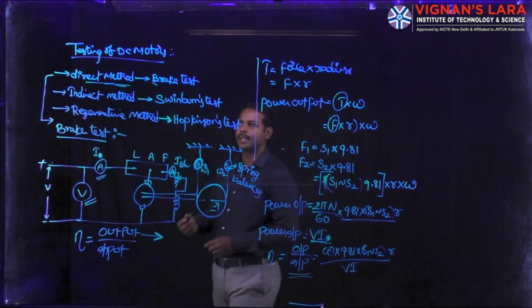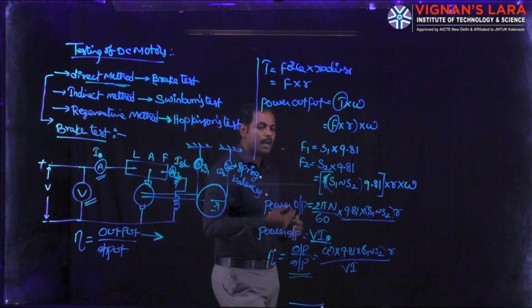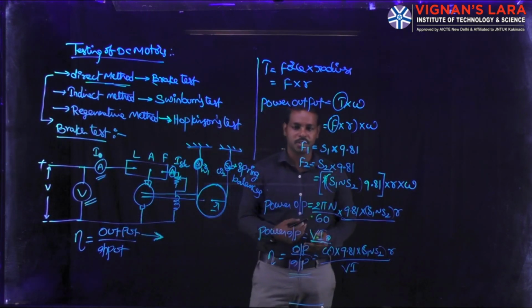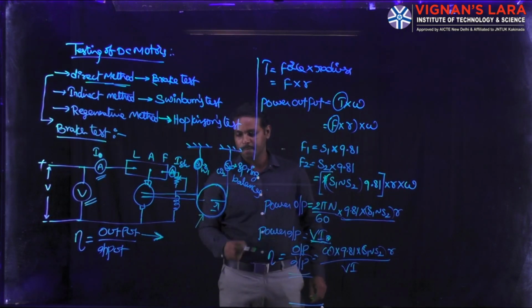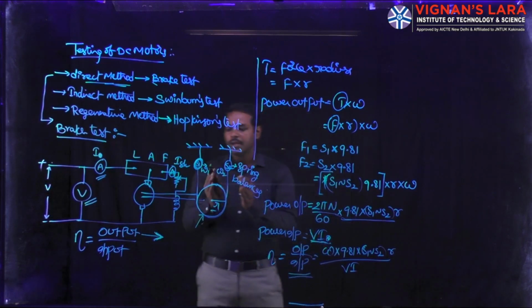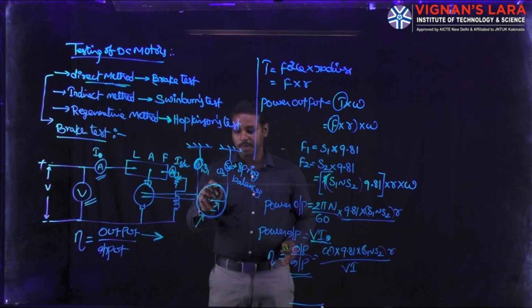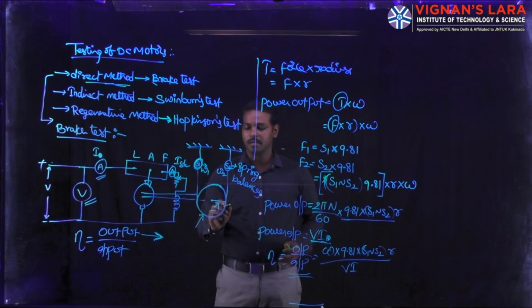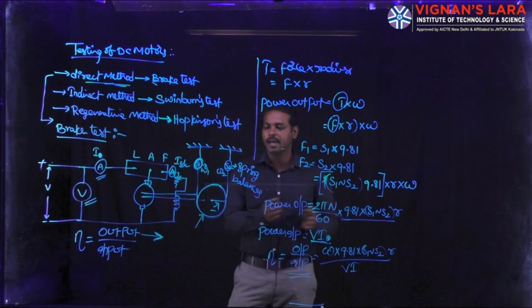But in practical conditions, the direct method is not applicable for all types of motors, because this type of testing is only applicable for small rating machines. The full load condition of a motor applicable in practical conditions is very small. But in the case of large rating machines, we can't apply the direct loading method.